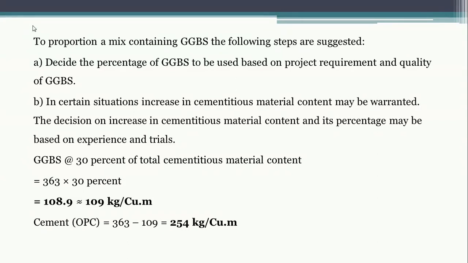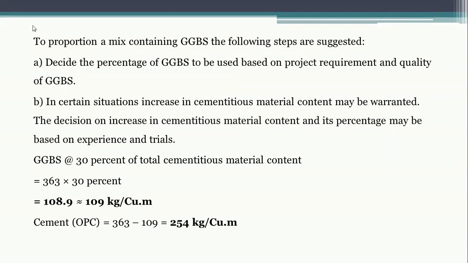Say in cement we have CaO and SiO2 as major constituents. GGBS also contains SiO2 and some proportion of CaO. That means we are increasing the CaO and SiO2 content. So in certain situations we have to increase the percentage of cementitious content based on the trials.